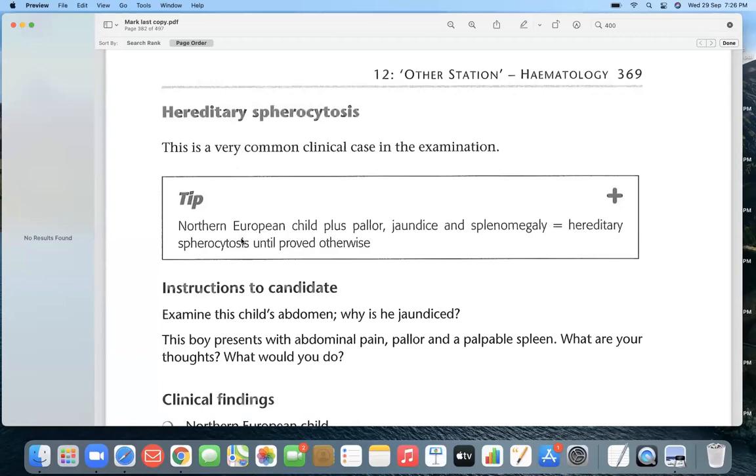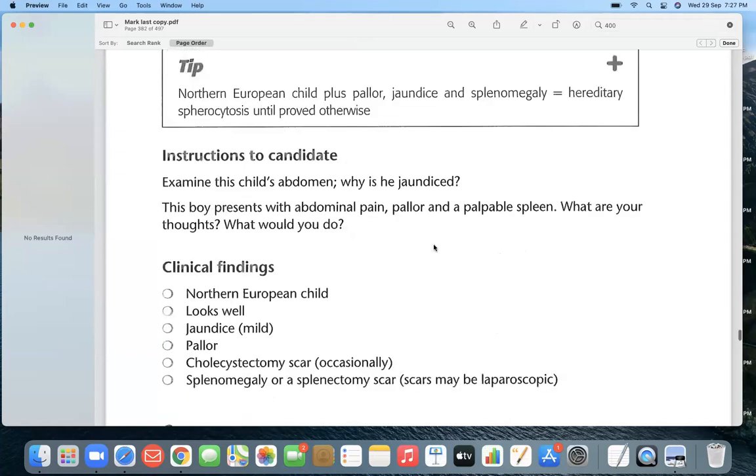Usually it will be a Northern European child plus pallor, jaundice, and splenomegaly. Any child with this ethnicity and having pallor, jaundice, and only splenomegaly, it is hereditary spherocytosis unless proved otherwise. So the top of your differential will be hereditary spherocytosis. Remember three things: pallor, jaundice, and splenomegaly, and the ethnicity, the North European child.